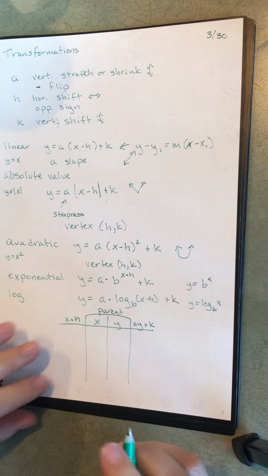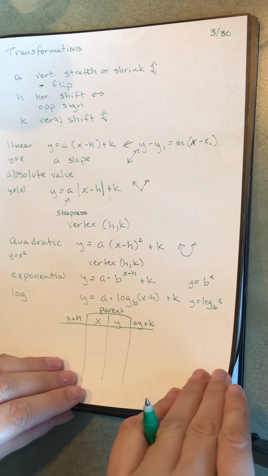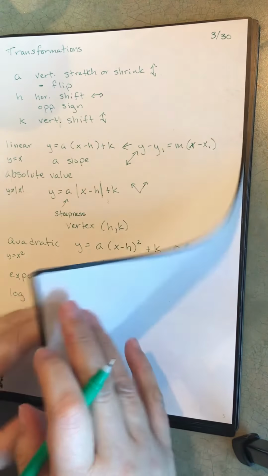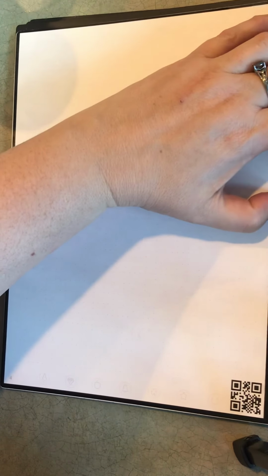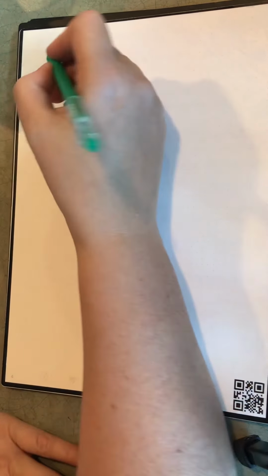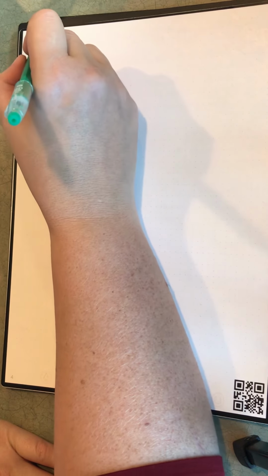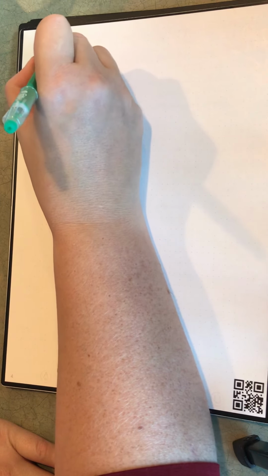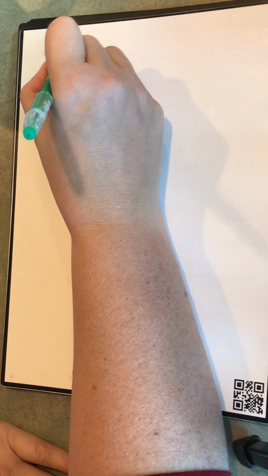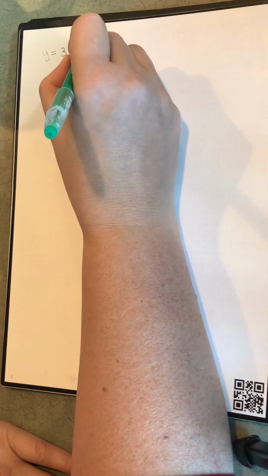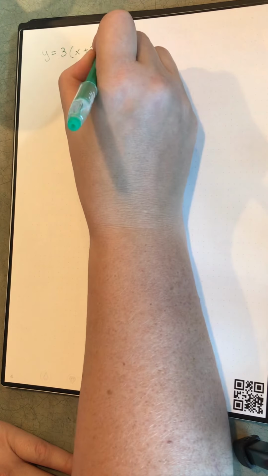Yeah, so let's do an example. Make sure I'm centered again. Okay, so let's say y equals 3 times x plus 2 squared minus 7.